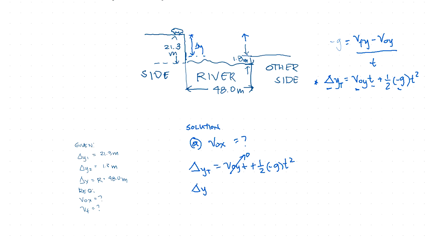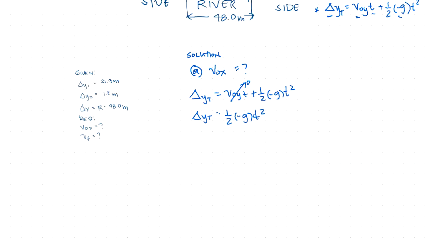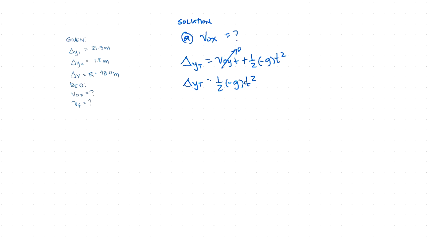It's equals to 1/2 times negative g times t squared. So, we can just manipulate it. So, we can segregate na time lang yung matitira doon sa isang side. So, we can equate it na yung t squared is equals to twice the displacement, total displacement on the y over negative g.